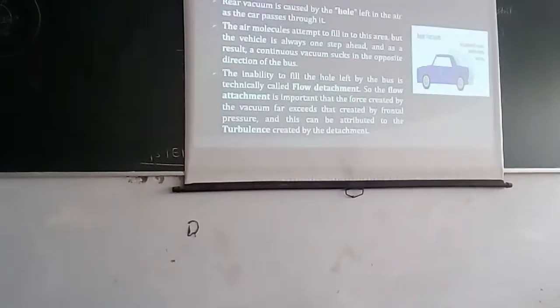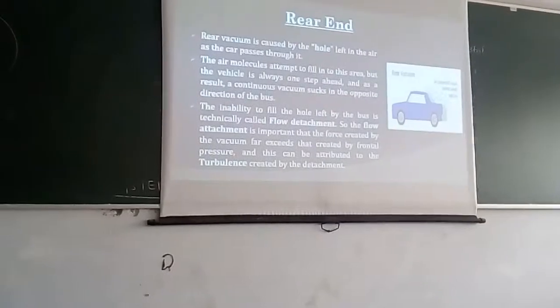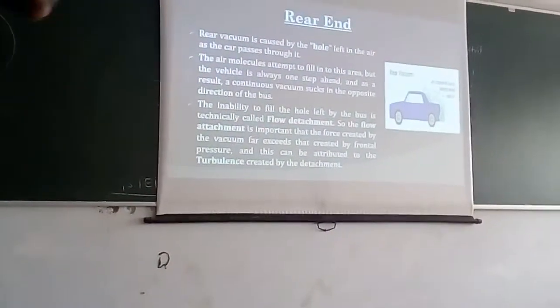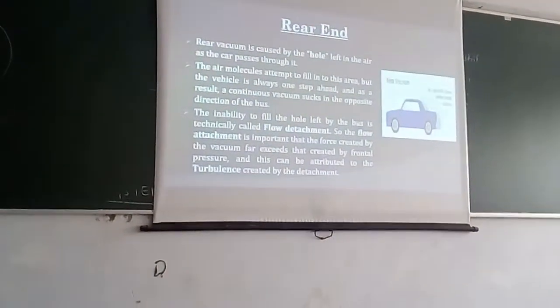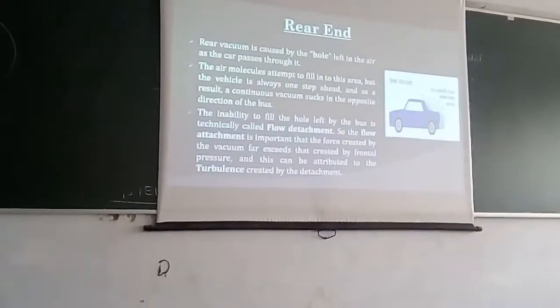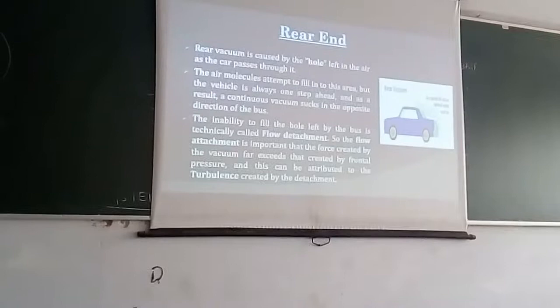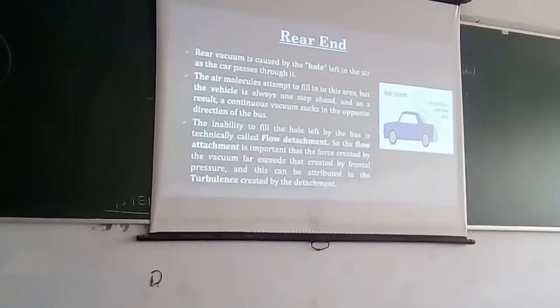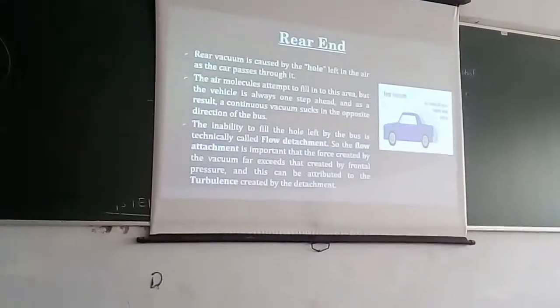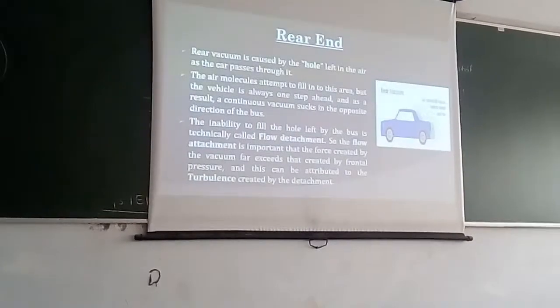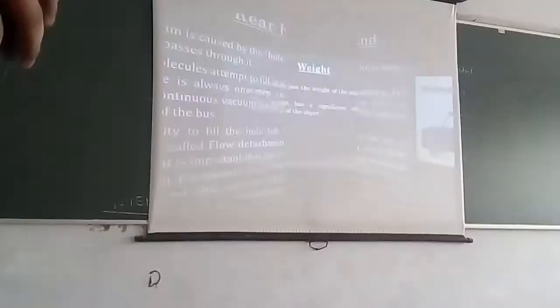As a result, a continuous vacuum sucks in the opposite direction of the bus. The inability to fill the hole left by the bus is technically called flow detachment. Flow detachment is important because the force created by the vacuum far exceeds the frontal pressure, and this can be attributed to the turbulence created by the detachment.